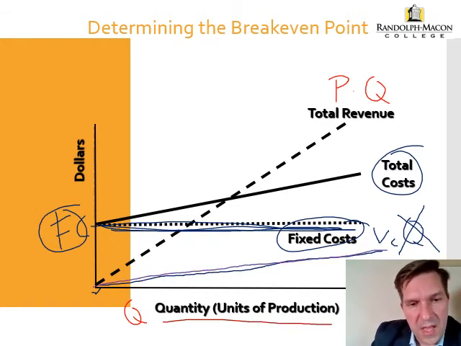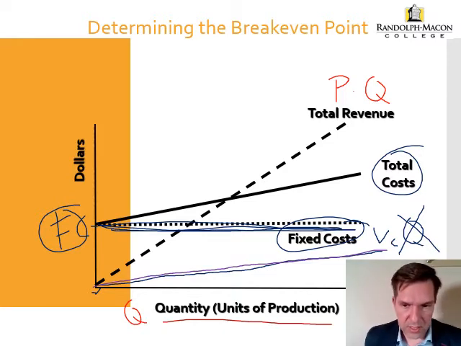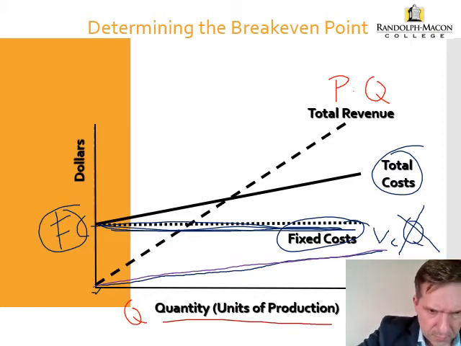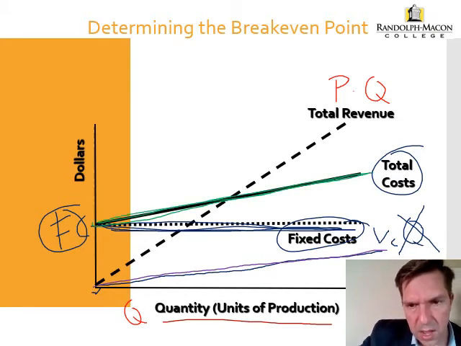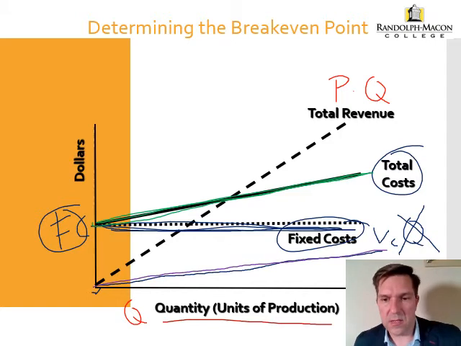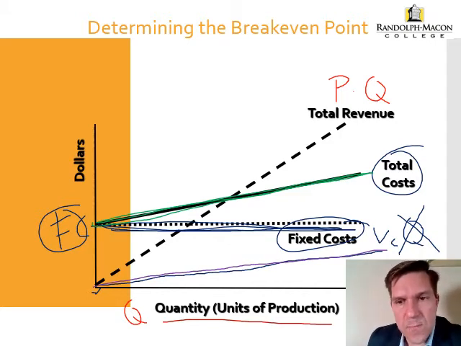And how do you add two lines? If you don't remember, all you do is point-wise addition. You take every point and add the two curves, and you're going to get the green line that I'm going to draw right here, which is your total cost. It's going to be parallel to my variable cost, but it's going to start at the fixed cost, because when you produce 0, you still have the fixed cost.